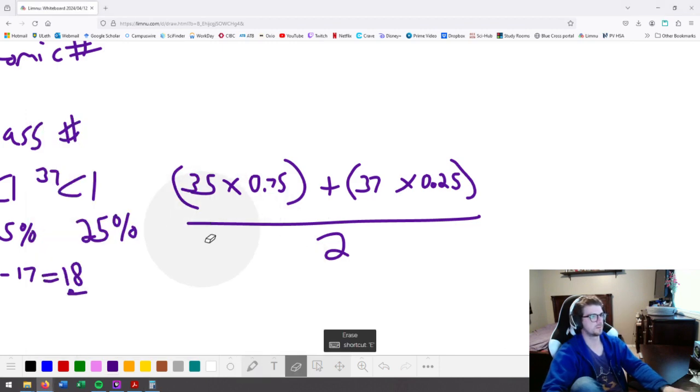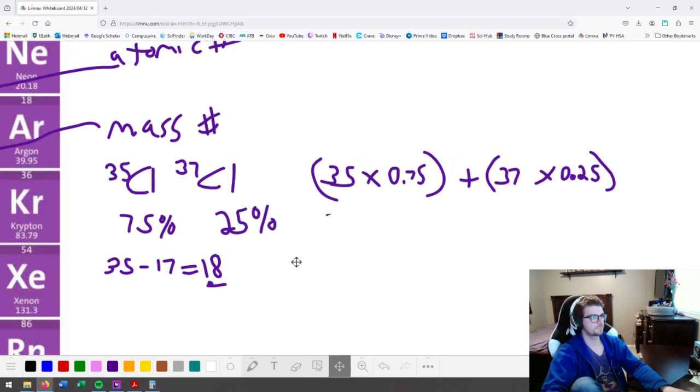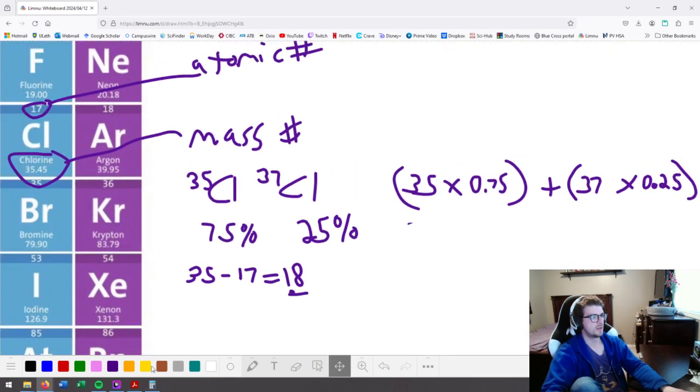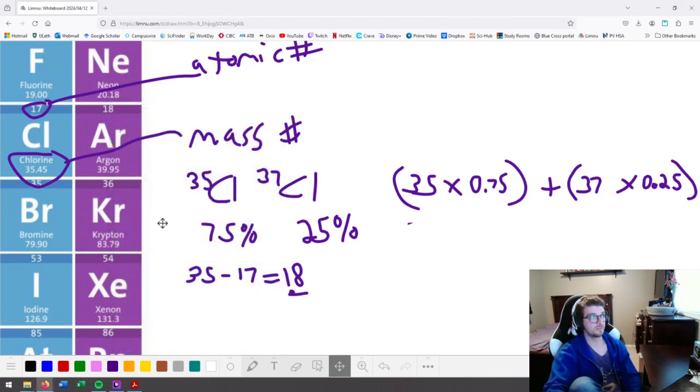Forget the plus 2. Ignore that. So yeah, you get about 35.5. This is going to be a little bit different because the ratio is not exactly 75 to 25. I'm sure I've got that a bit wrong, but more or less this is how it is.